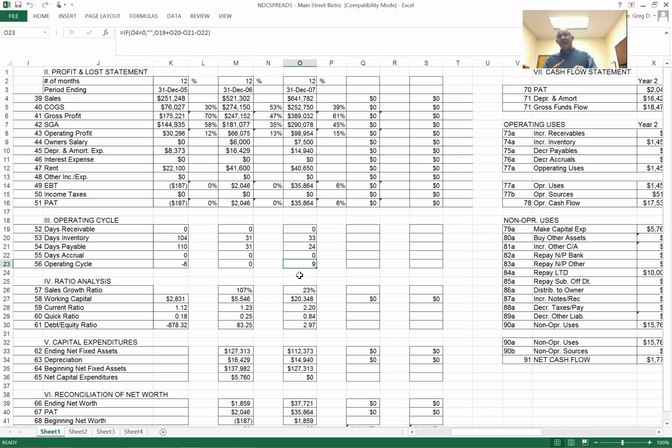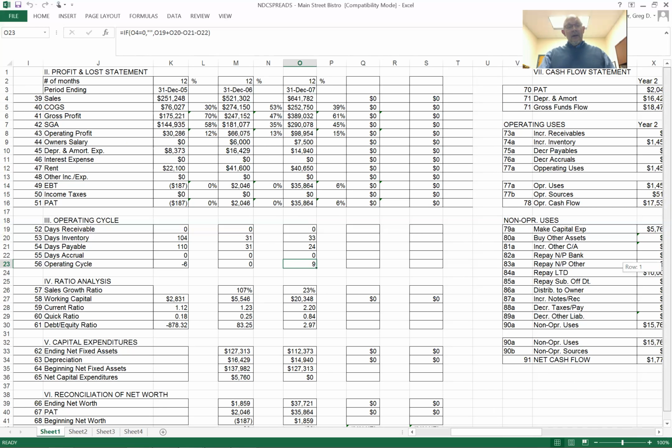So it's taking us about 9 days to generate cash from that dollar. Okay, now, in any business, we want that to be as low as possible. Healthcare, for example, is typically a long time simply because of the long collection and the low reimbursement process. But as you look at this, it's taking us about 9 days. Look at working capital, and we'll go into that a little bit more in a bit.